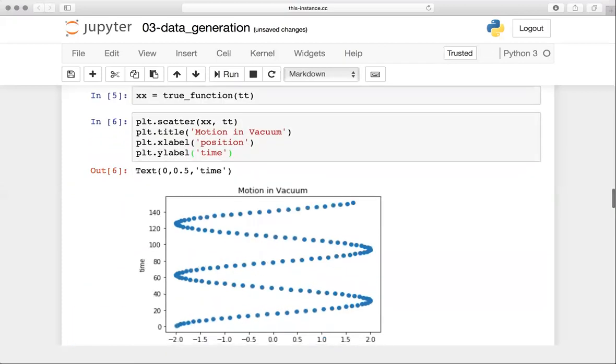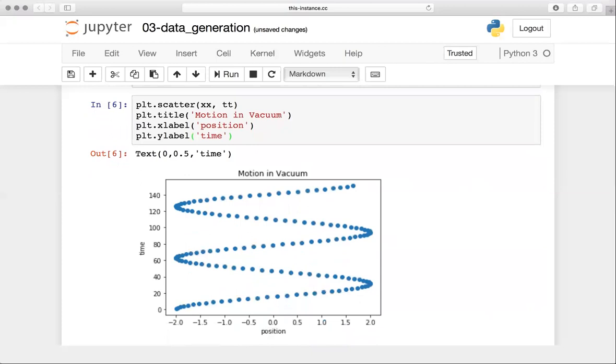This is going to be the motion of that spring in a vacuum. So I pull it to -2 here and let it go, and it moves in time. It moves this way, and then it comes back. If there's no friction and no air resistance, that's what it's going to do forever.